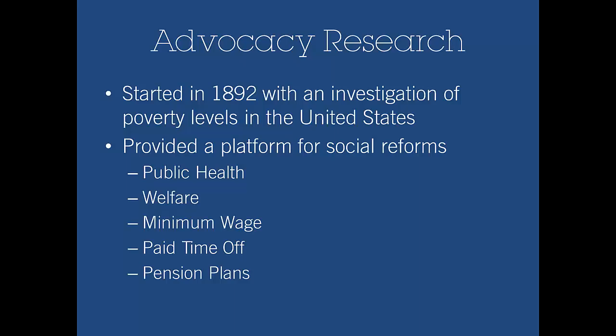He developed numbers that were reasonable but weren't really evidence-based, and then found the percentage of the population that lived below the poverty level. He found that 13% of the entire United States population in 1892 lived in poverty. And this provided him a platform for social reforms.